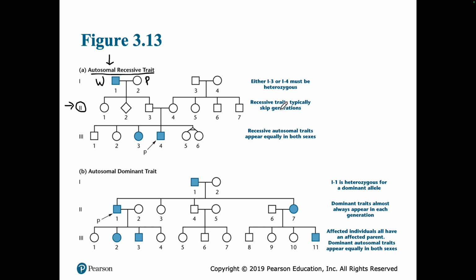Now, it doesn't have to mean that, but it usually does. And sometimes you might even still see affected individuals, right? If you saw an affected individual in the 2nd generation, that would probably mean that mom was recessive, right?